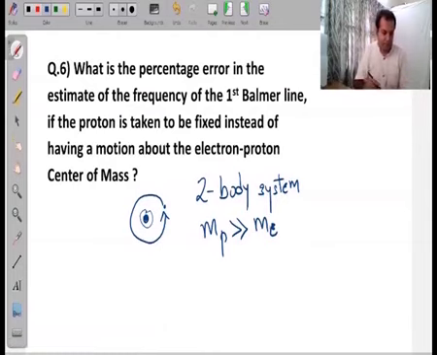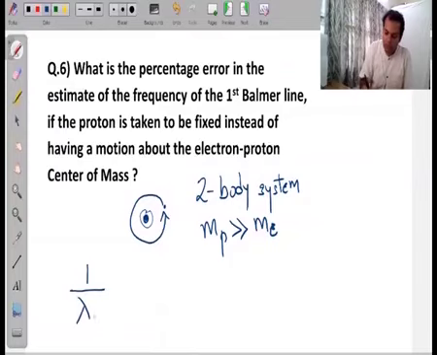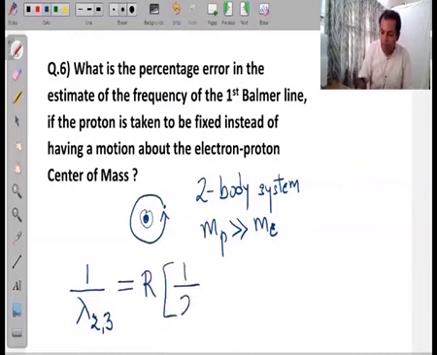So the first Balmer line is given by the final state n = 2 and the initial state n = 3, so 1 over lambda is equal to the Rydberg constant times (1 upon 2 squared minus 1 upon 3 squared).